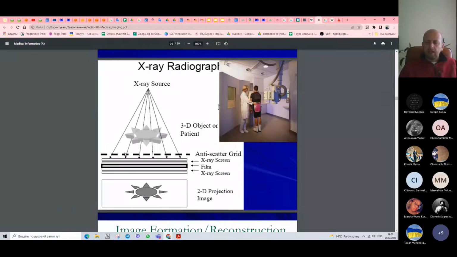As you understand, X-ray is absorbed in different tissue in different amounts. The largest amount of absorption is in bone, and muscles or organs have a smaller ability to absorb than bone.